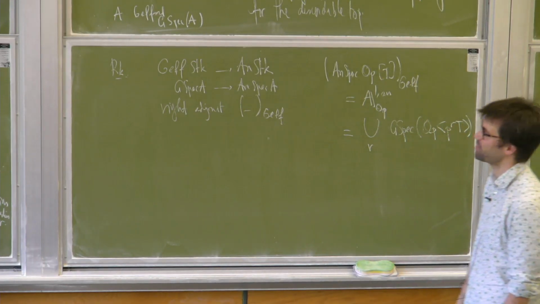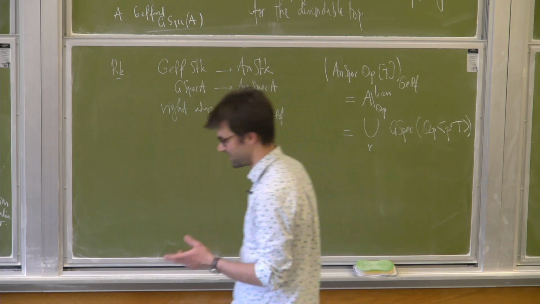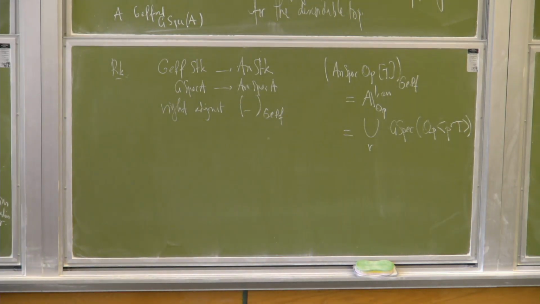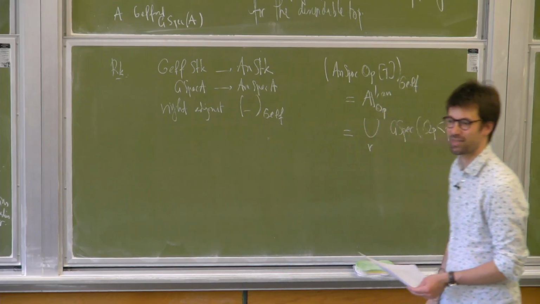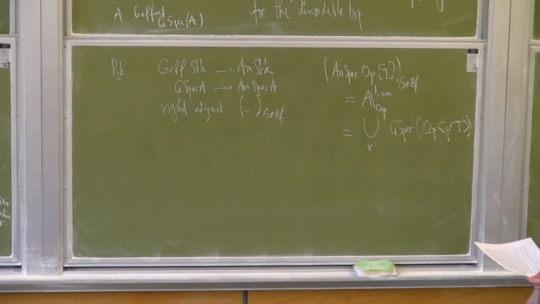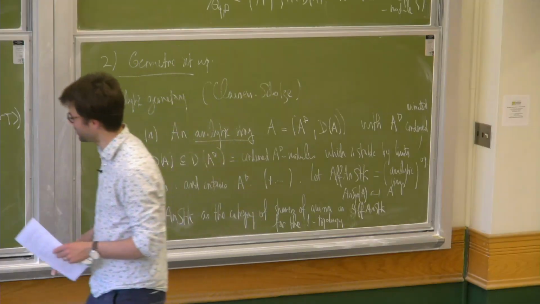That's where the terminology is coming from. I think it was from a discussion with Dustin Clausen, but then we realized that there was a mistake in this construction. So we kept this terminology, but with no good motivation.